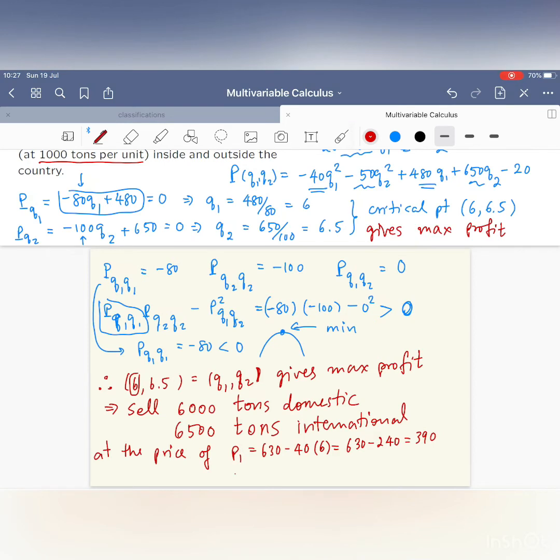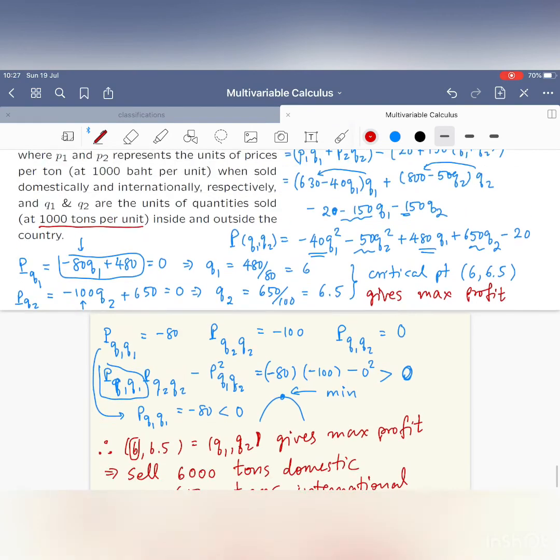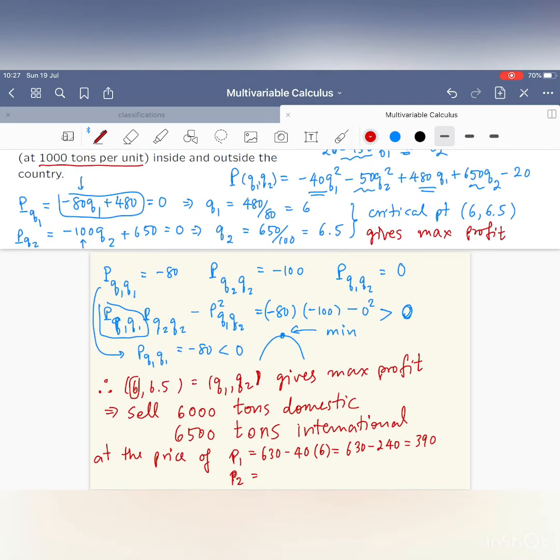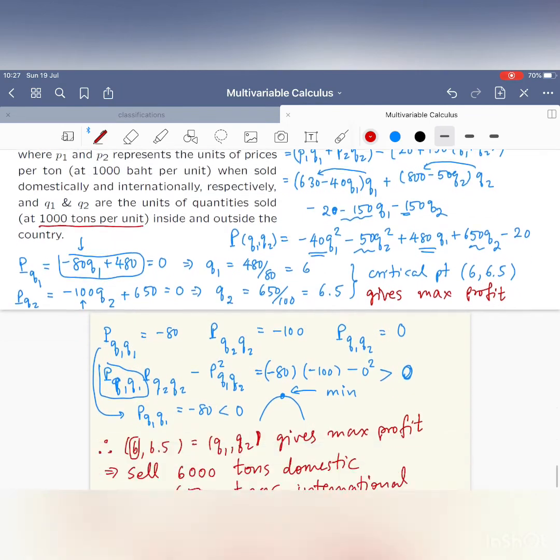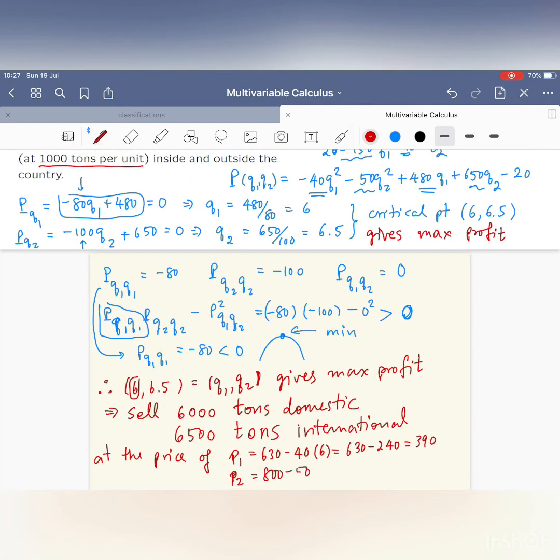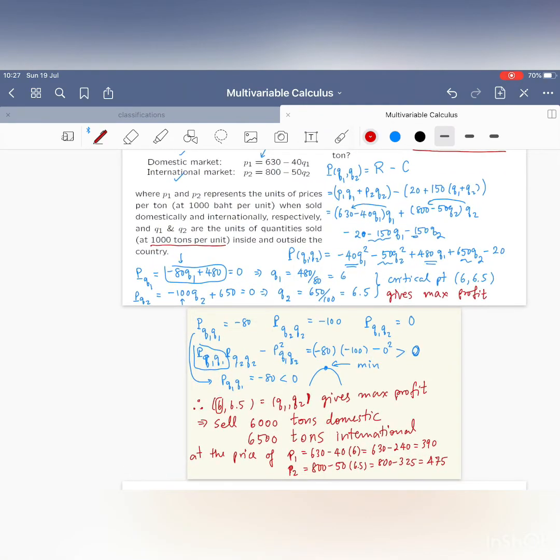So it is 390, and your P2, the price number 2, is 800 minus 50 times Q2, which is 6.5. So 6.5 times 50 is 325, so it is 800 minus 325, and it gives you 475. What is the interpretation? Don't forget, look at it carefully.